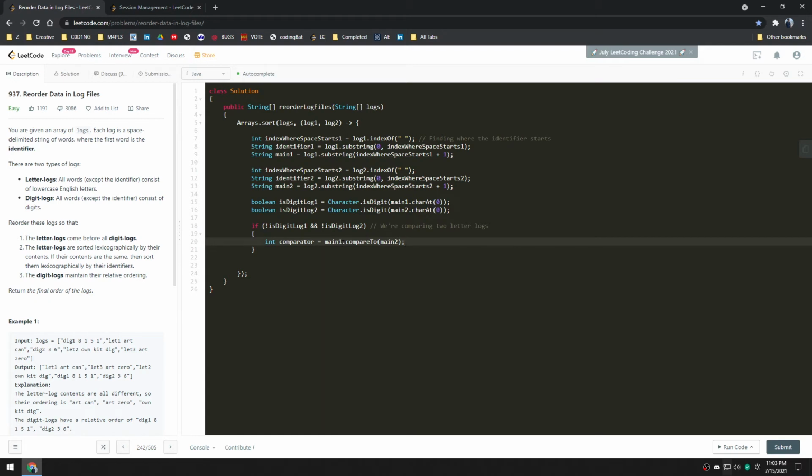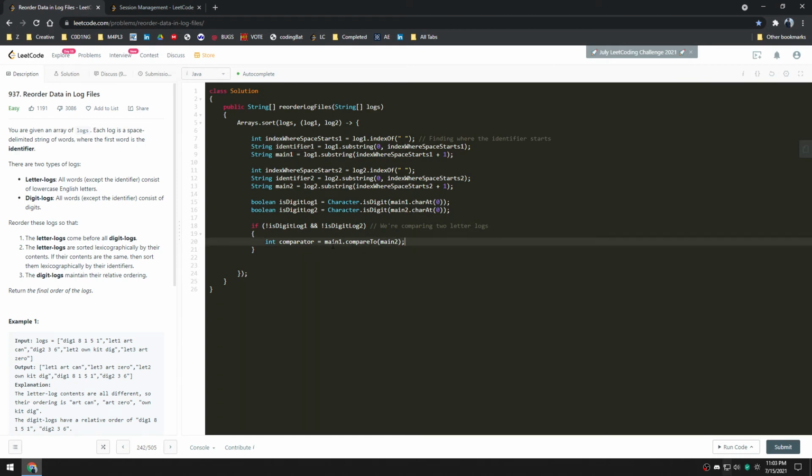If we were to assign a value to that, we could do that with the compare2 function, and that'll tell us there's a specific value, such as maybe -1 or 0 or 1, that will be returned depending on where it is lexicographically. So our comparator here does that for us using the main portion of our log, excluding the identifier, because we're not necessarily worried about that just yet.